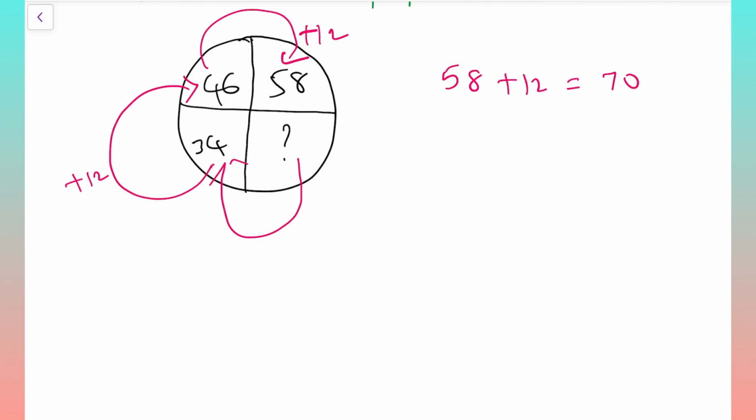Every time we are adding 12. So 34 minus 12, which is nothing but 22. So in case 22 is there, 22 plus 12 is 34, 34 plus 12 is 46, 46 plus 12 is 58. It ends there. So two options will be available: one is 70 and one is 22. In the question, whatever the option is there, according to that we need to tick it.